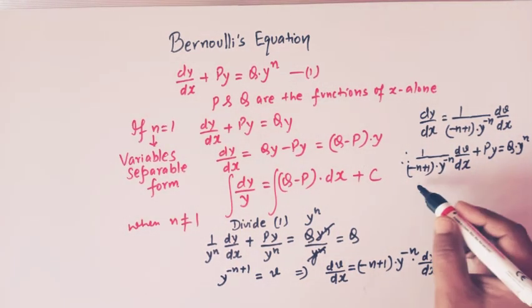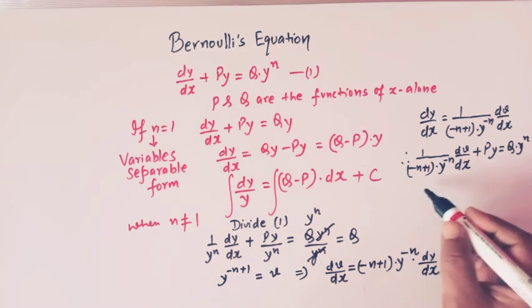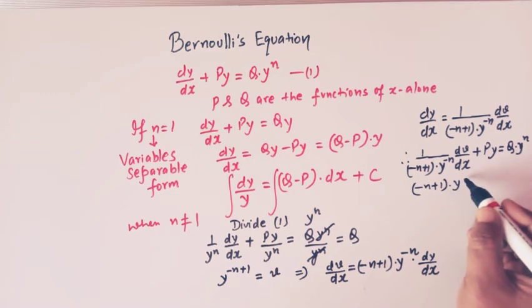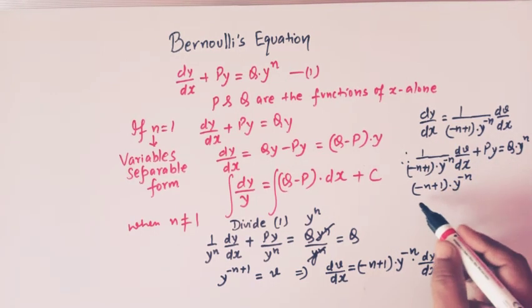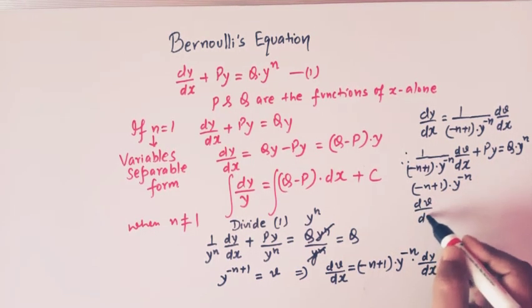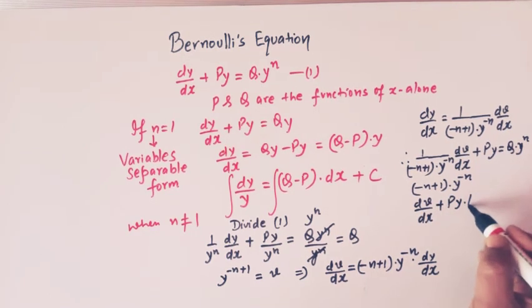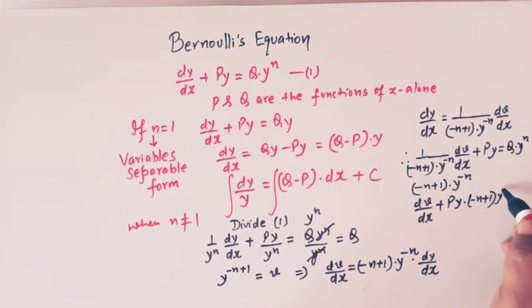Now this can be written as, if we multiply throughout by (-n+1) y^(-n), then we get dv/dx + py (-n+1) y^(-n) = q y^n (-n+1) y^(-n).